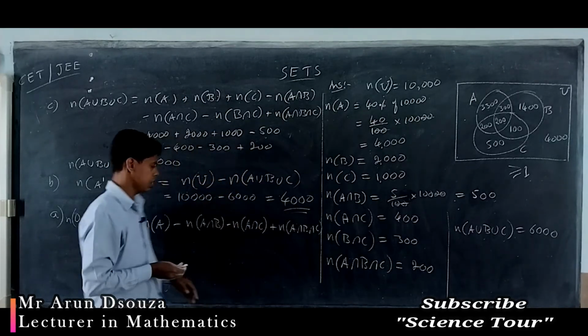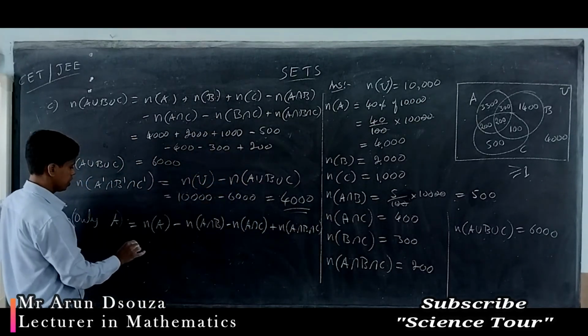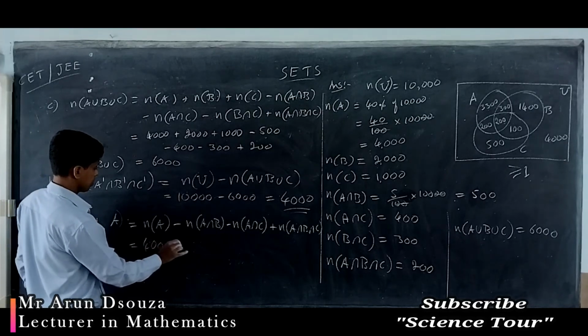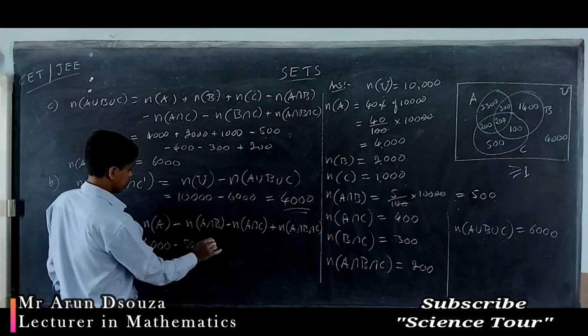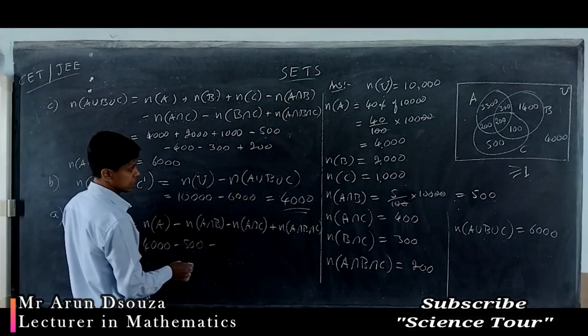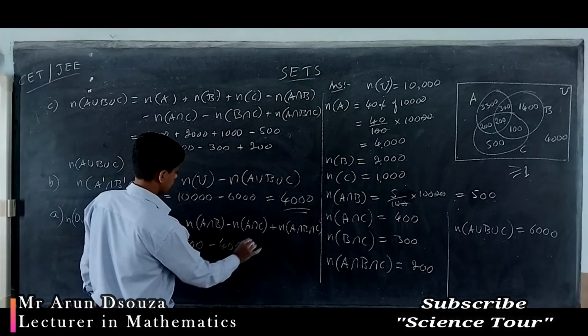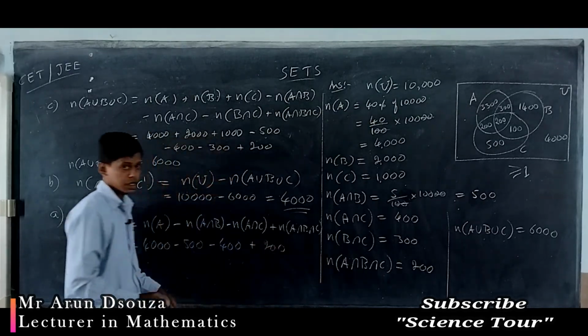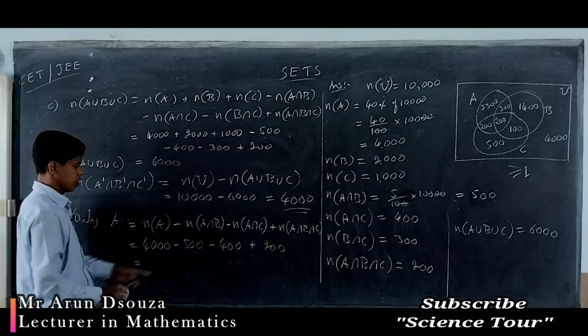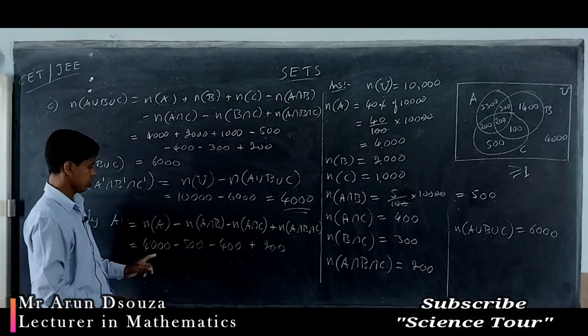Now what is n of A? n of A is 4,000. n of A intersection B is 500, and n of A intersection C is 400. And the intersection of all the three is 200. Correct?